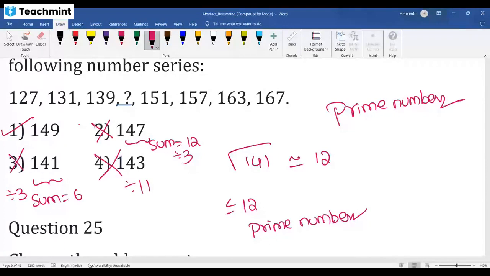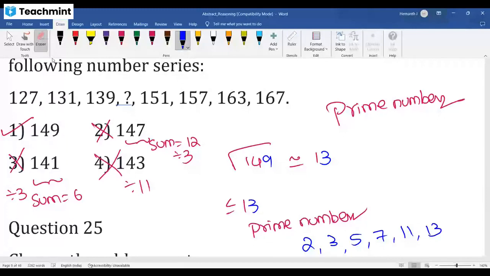In fact, this is the procedure to find prime numbers. Let's say for 149, the square root of 149 is approximately 13, let it be. It's 12 only, let's say 13 also. So up to 13, you list out the prime numbers. The number should not be divisible by any of these. 149 is not divisible by 2. 149 is not divisible by 3 because the sum is 14.